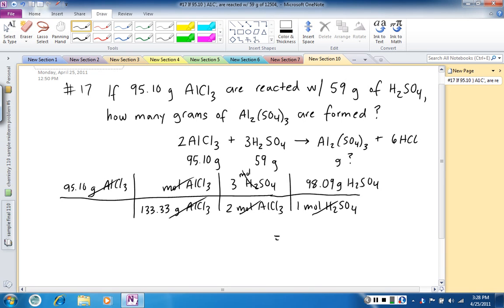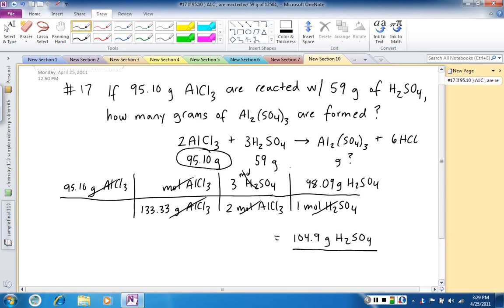So this works out to be 104.9 grams of H2SO4. So this amount of H2SO4 is required to react with 95.1 grams of AlCl3.